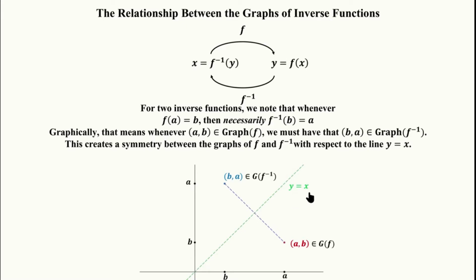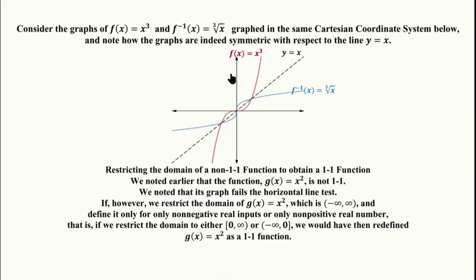All inverse functions, and remember, inverseness is a mutual relationship. It's not just that f inverse is the inverse of f. f is also the inverse of f inverse. So all inverse functions have graphs that are symmetric with respect to the line y equals x. So here we show that beautiful symmetry that exists between these two inverse functions.